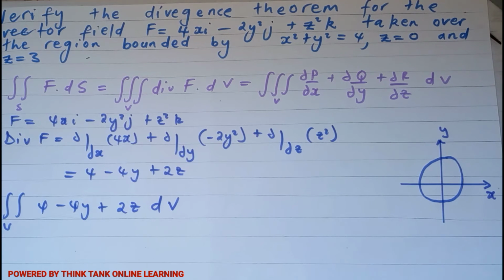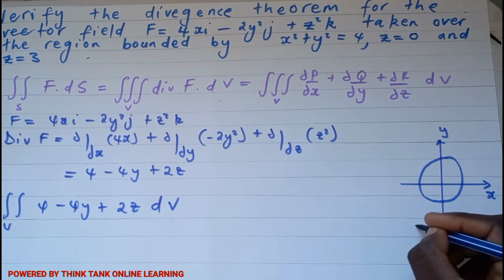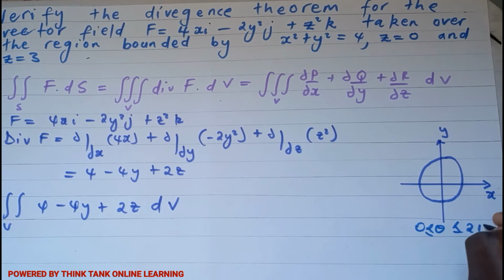In cylindrical coordinates, the angle theta covers a full circle, so theta ranges from 0 to 2π. The radius is just 2, so it ranges from 0 to 2, not from −2 to 2.